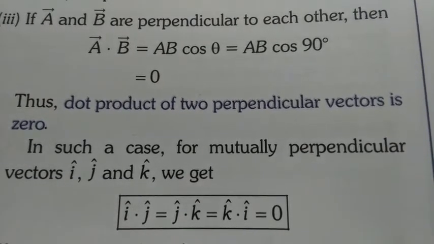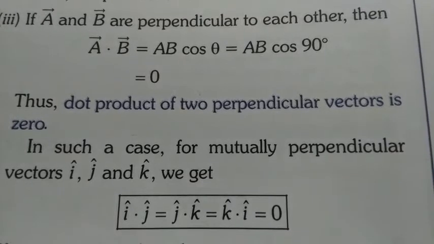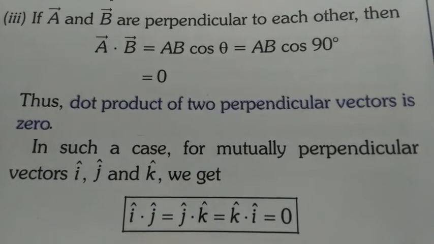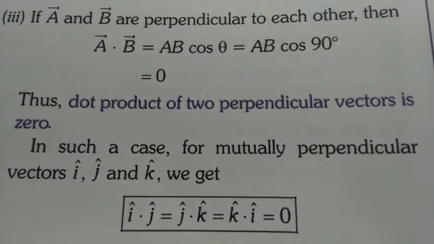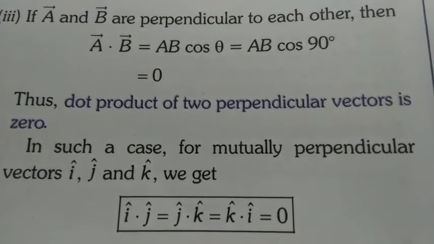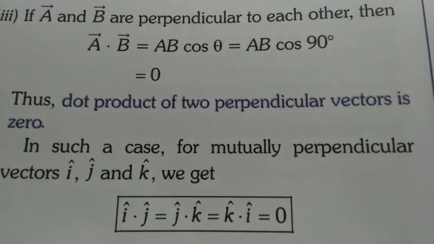So if we find out their dot products, they will be 0. If we find out unit vector i dot unit vector j, i is representing the x axis, j is representing the y axis.